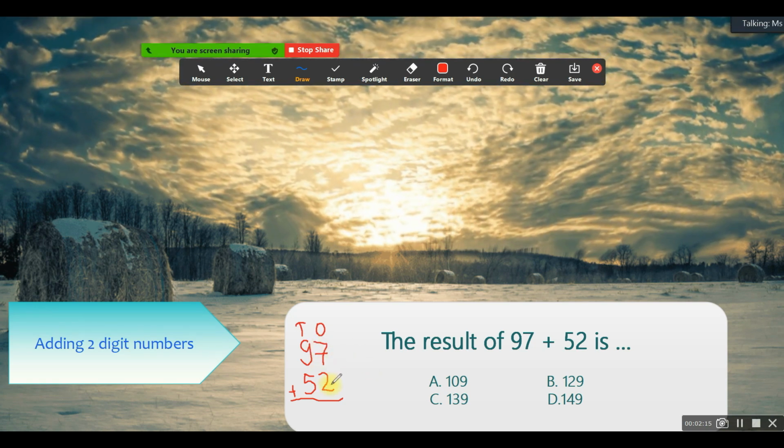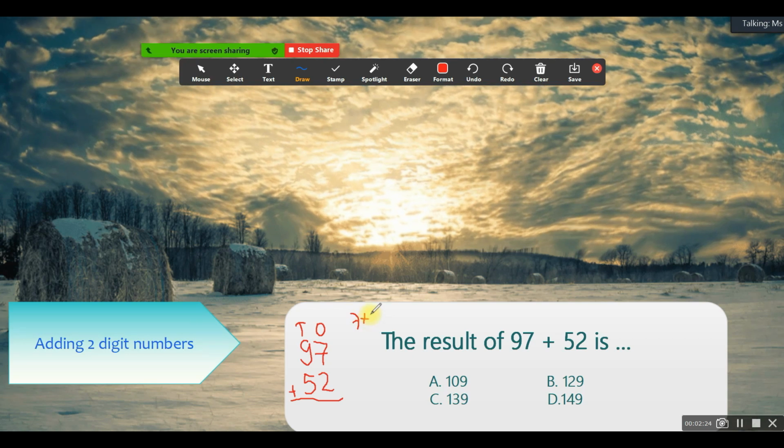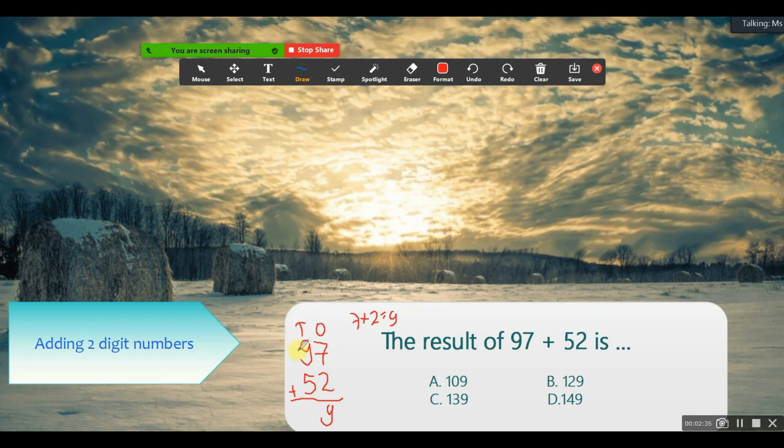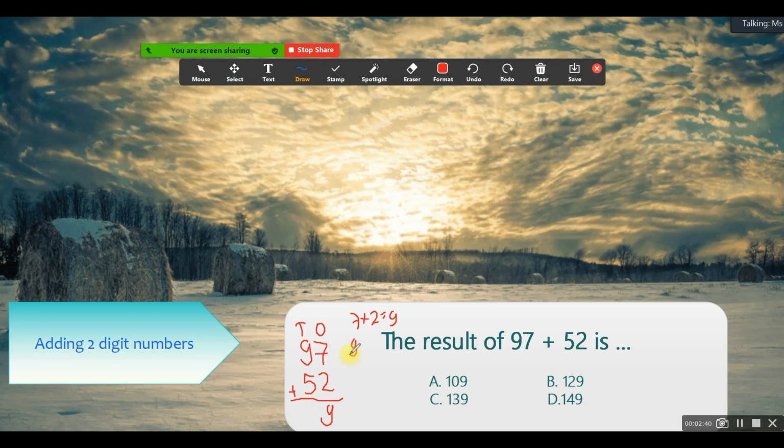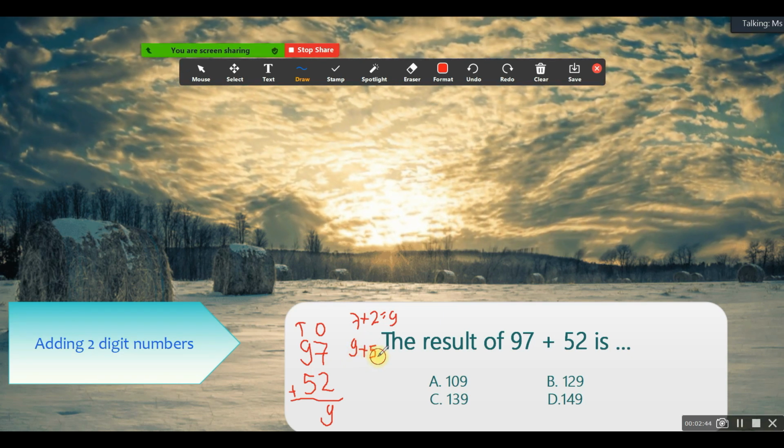The first one, we must add the ones. 7 plus 2 equals 9, so we can put 9 here. And then adding the tens, 9 plus 5 equals 14.